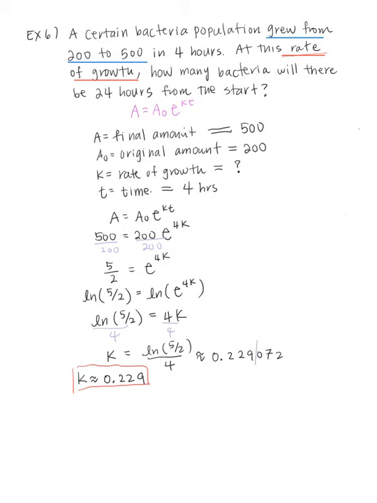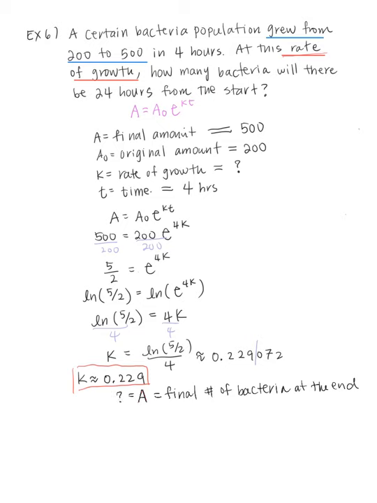In this case, what we're looking for is the final amount of bacteria, which will be A. So our A is the final number of bacteria at the end, and notice that A is what we're looking for.